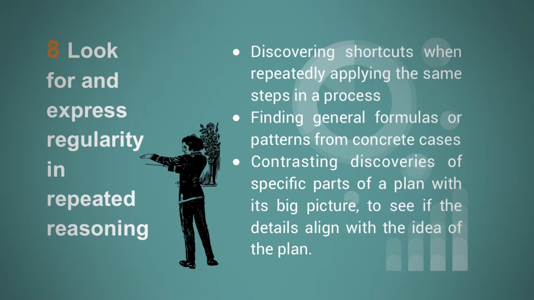So what is it about in math? Discovering shortcuts when repeatedly applying the same steps in a process. So for example, you could say, we're going to apply the same process as we did here, because it's really the same. Finding general formulas or patterns from concrete cases. Contrasting discoveries of specific parts of a plan with its big picture to see if the details really align with the idea of the plan.